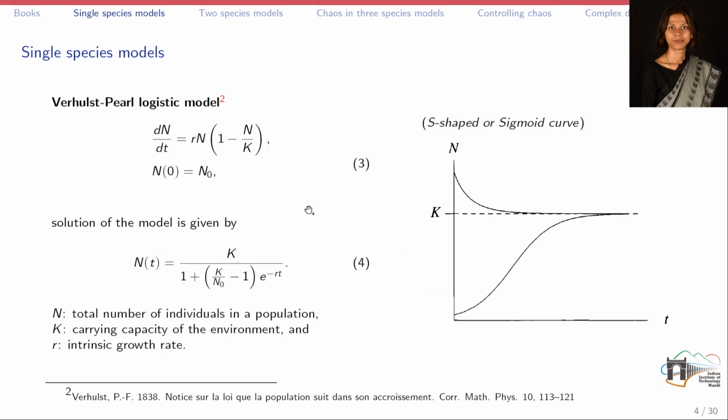So this was the idea of this logistic model, where the environment has a certain value known as the carrying capacity. Only to that extent can the particular environment sustain the population n.